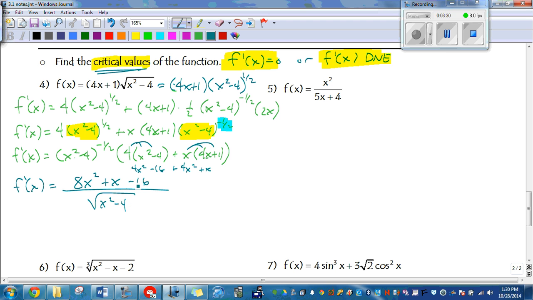Well, basically, when we have an expression like this, with something in the numerator and something in the denominator, whatever makes the numerator equal to 0 is going to give us what makes the derivative 0. So for the derivative of f of x equals 0, I'm just going to set the numerator equal to 0.